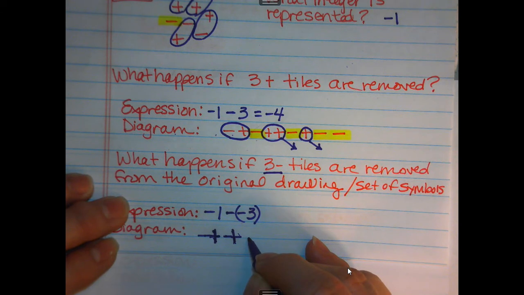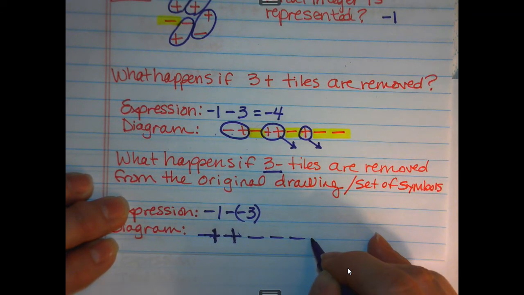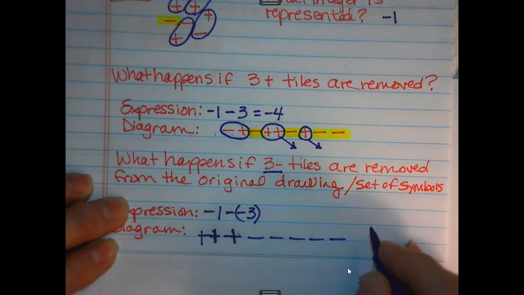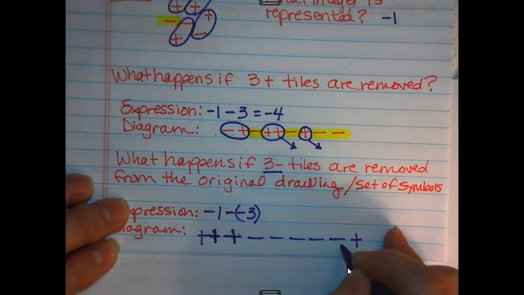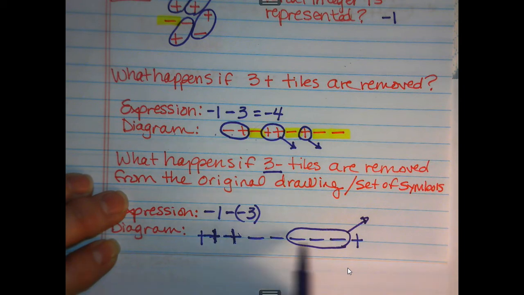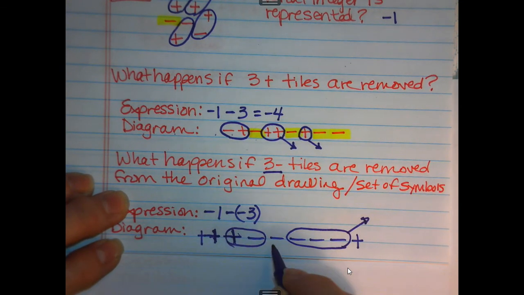And then we'll just pop another plus sign over here. So we've got 1, 2, 3, 4 positives, 1, 2, 3, 4, 5 negatives like we did up above. And if I'm removing 3 negatives this time, I end up with some positive and negative tiles in here, and I can put these 2 together as a pair.